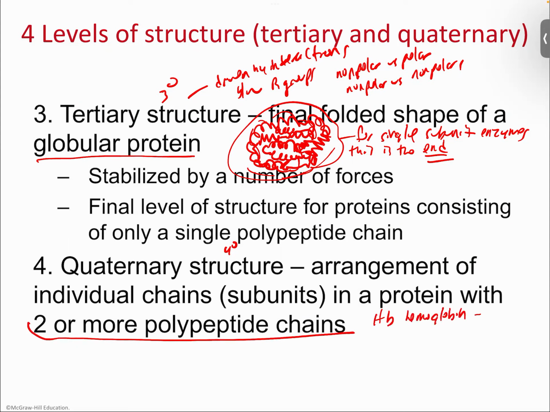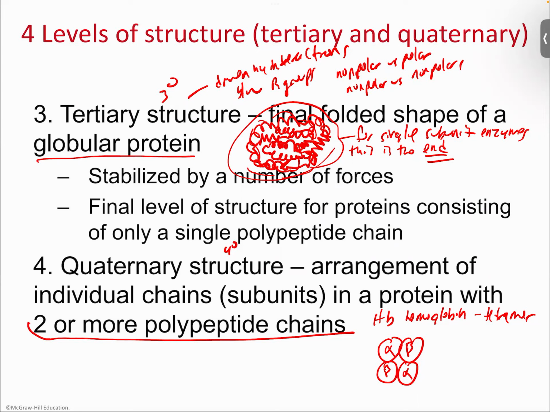Hemoglobin is a tetramer. Tetra, 4, mer, things. It has 4 subunits. So it has 2 alpha globin subunits and 2 beta globin subunits. Each one of them individually is folded up into their tertiary level, but they're not functional by themselves. So for instance, if you were to isolate alpha globin, it will not function.